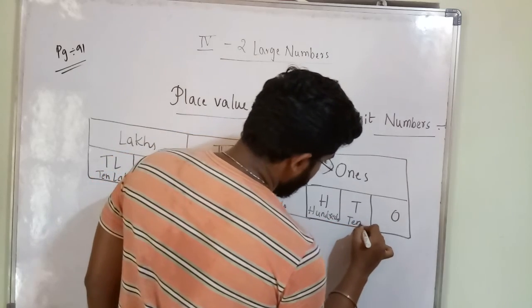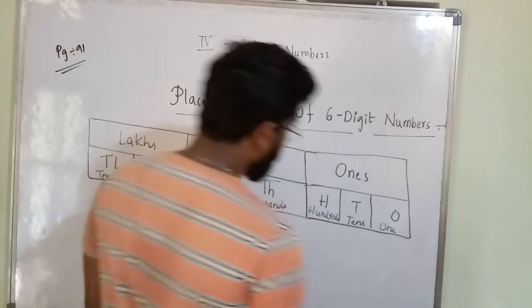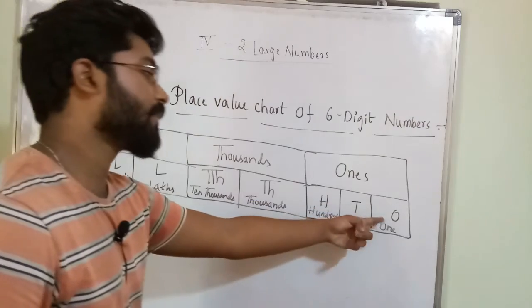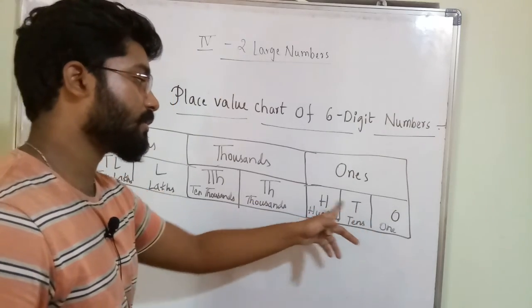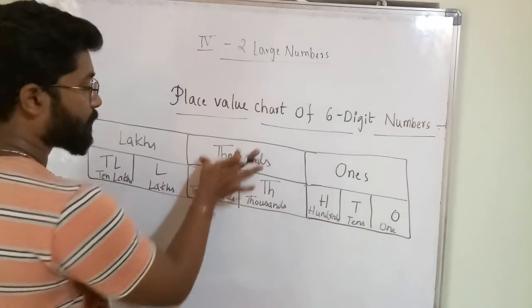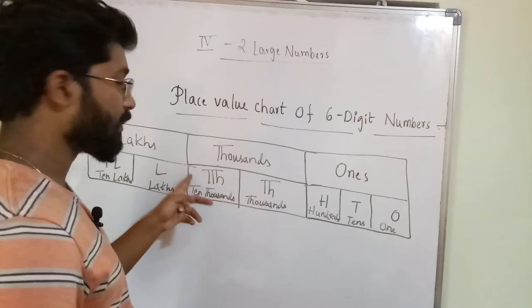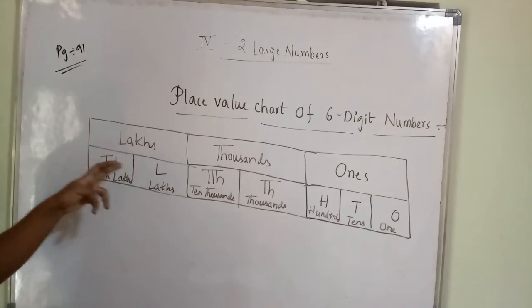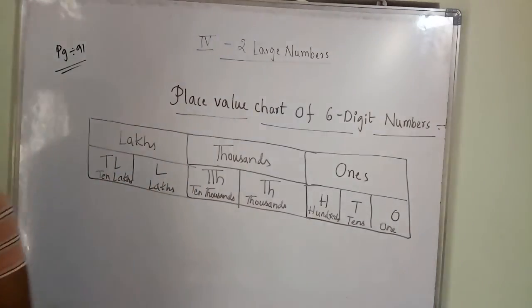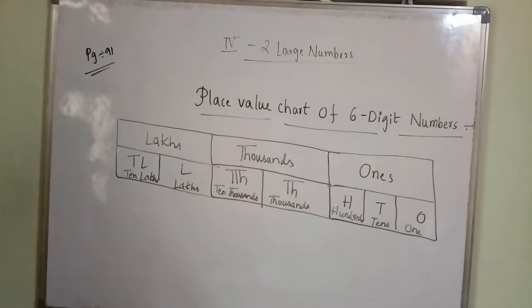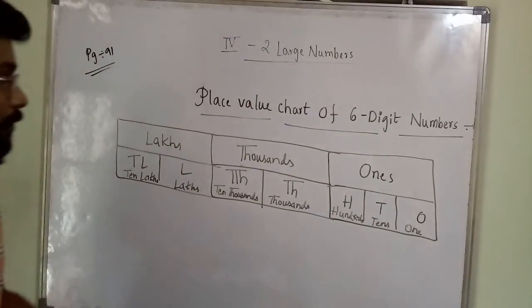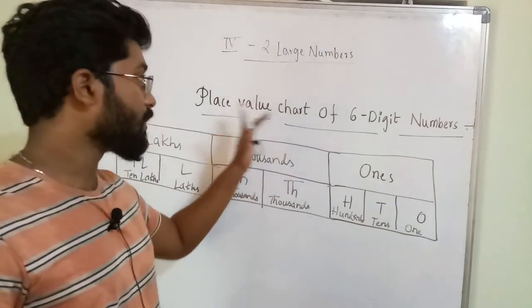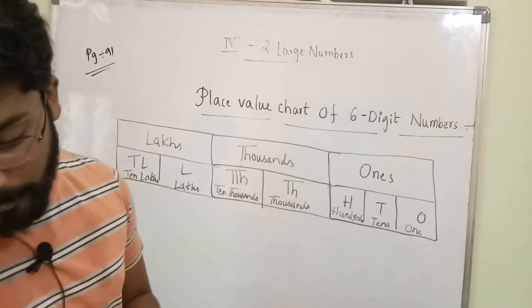This is tens, and this is ones. So in the ones period you have 3 place values: ones, tens, hundreds. In the thousands period you have thousands and 10,000s. In the lakhs period you have lakhs and 10 lakhs. These are 2 place values. So this is the place value chart of 6-digit numbers.